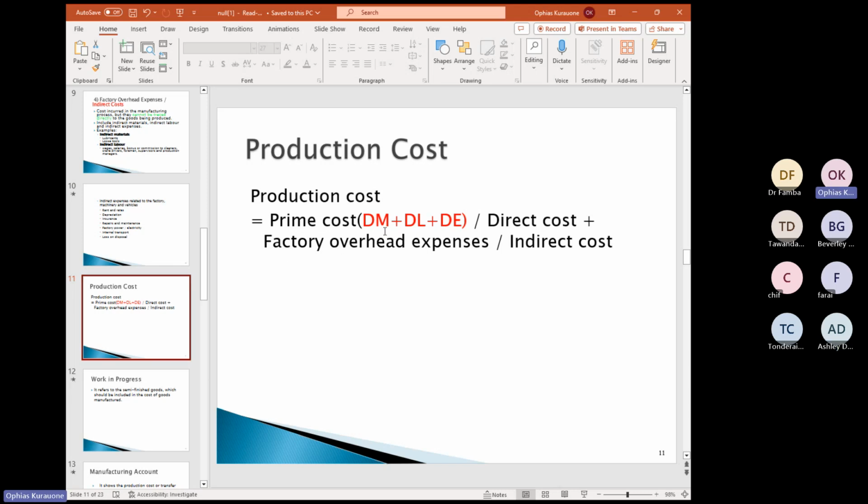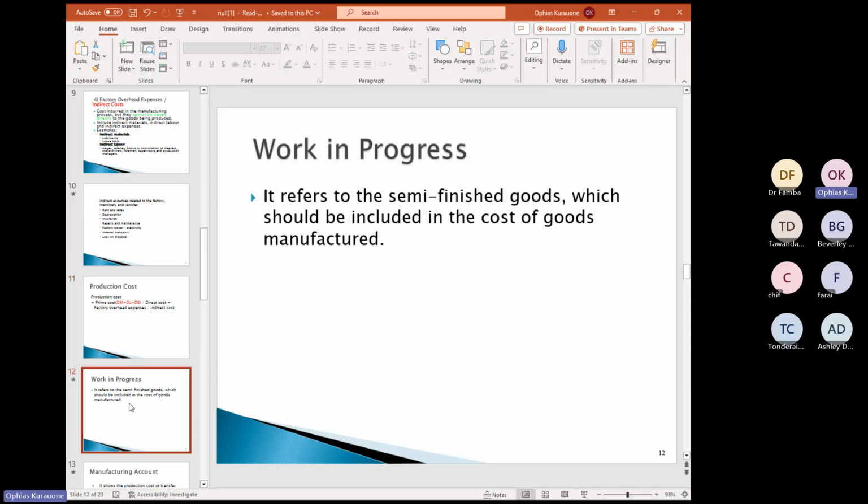It's made of prime cost plus what? Fixed overhead expenses. Prime cost can be direct costs, and the fixed overhead expenses can be indirect costs. Then work in progress. It refers to the same finished goods which should be included in the cost of goods manufactured.